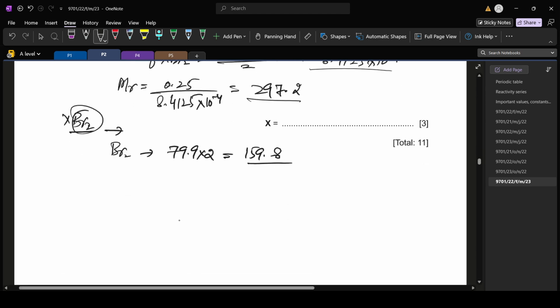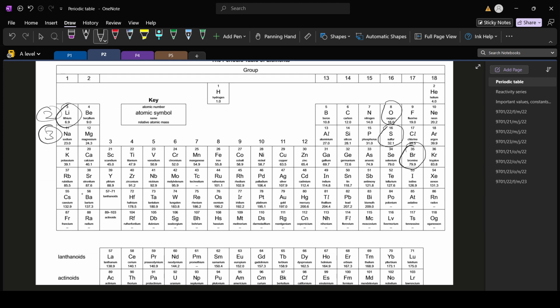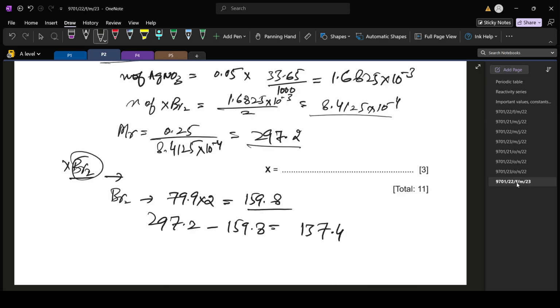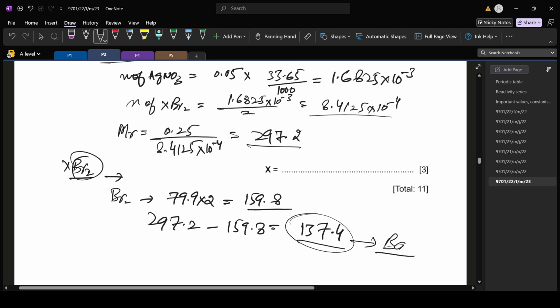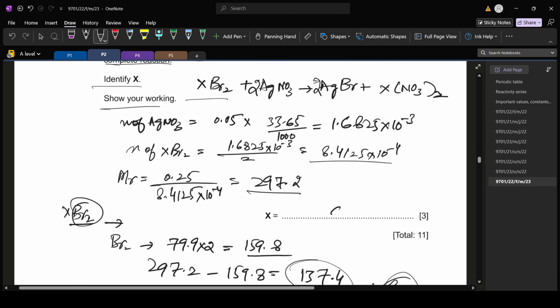So if you subtract, 297.2 minus 159.8, you will get the mass of the group 2 element. So it will be 137.4. And if you see from the periodic table, barium has a mass of 137.3. Okay, so this is barium, and X will be barium bromide. Okay, that's your X.